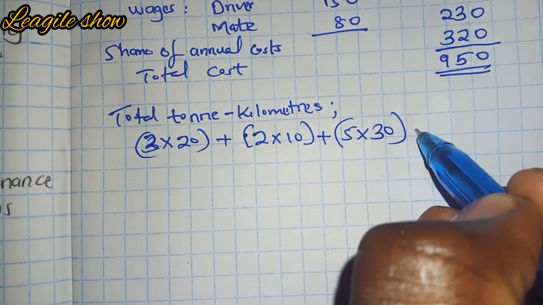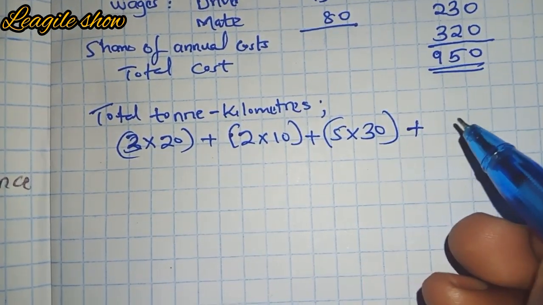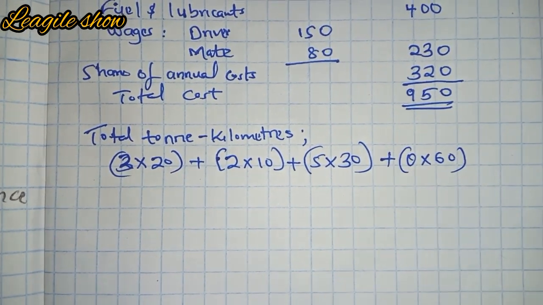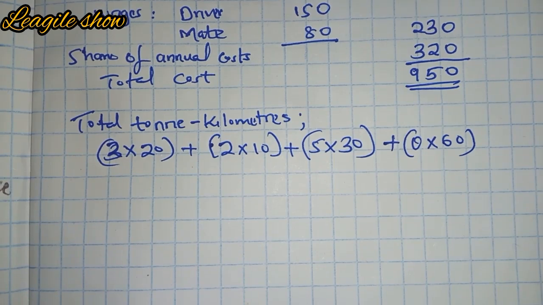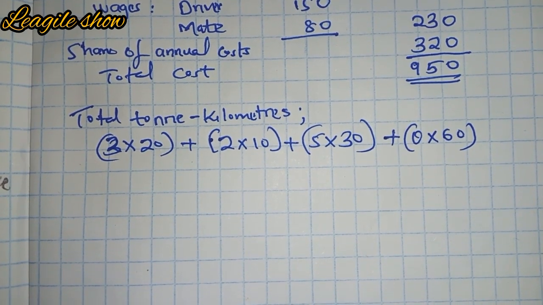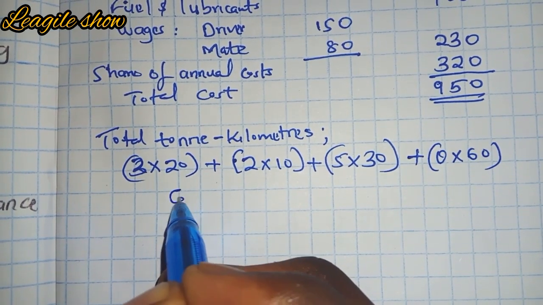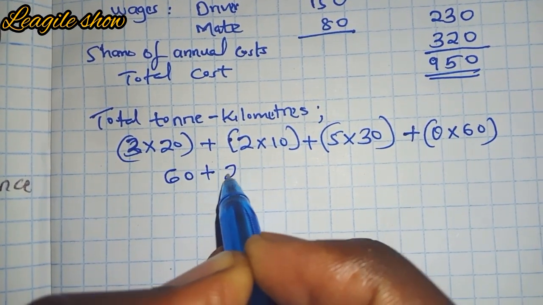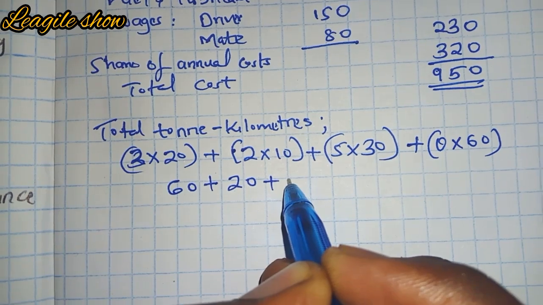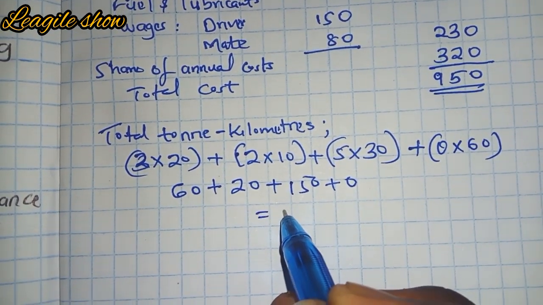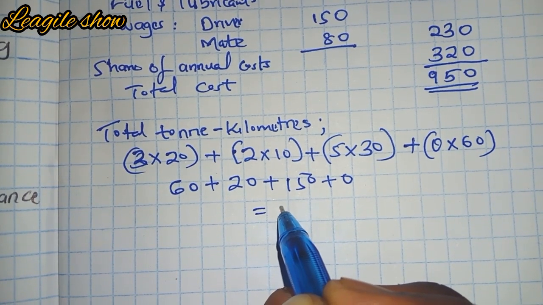Then this vehicle returned empty, so it will be 0 by 60. So all these calculations give us the total ton kilometers, which is 60 plus 20 plus 150 plus 0.